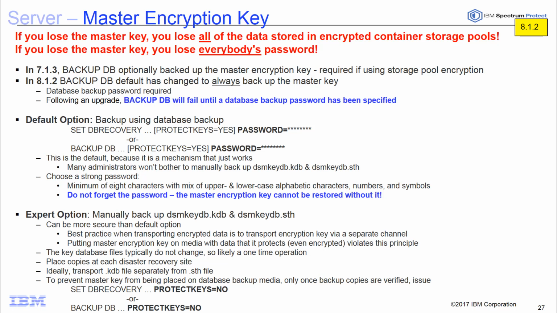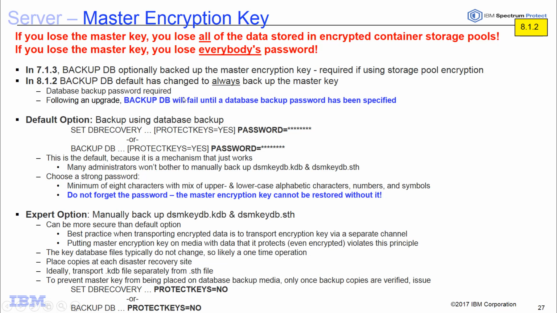But now in 8.1.2, the backup database command has been changed to always back up the master key by default. The database backup password will be required, and following an upgrade, the backup DB will fail until the database backup password has been specified.